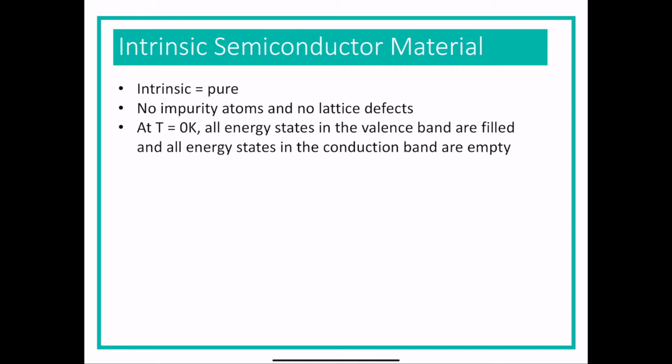As you add thermal energy, as semiconductor material heats up, electrons and holes are created in pairs, because every time an electron gets enough energy to move into the conduction band, it leaves a hole behind. So they're always created in pairs in intrinsic material, which means there's the same number of them.